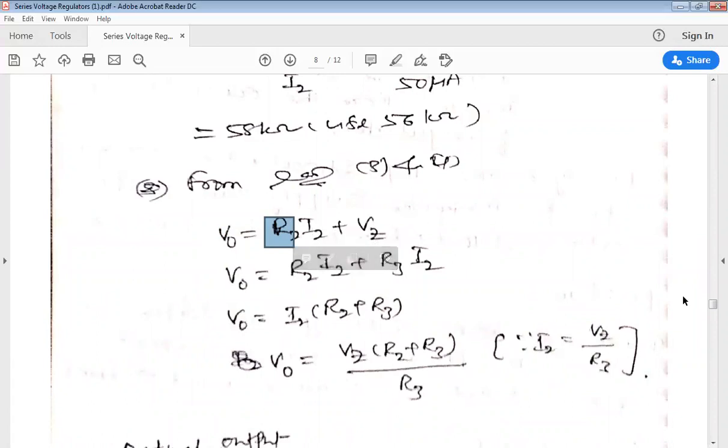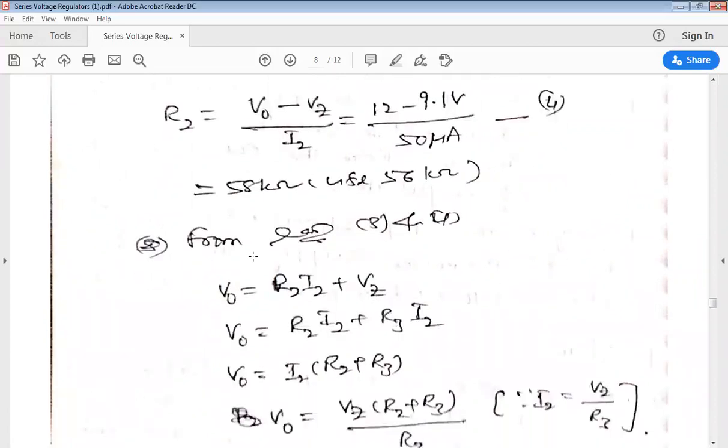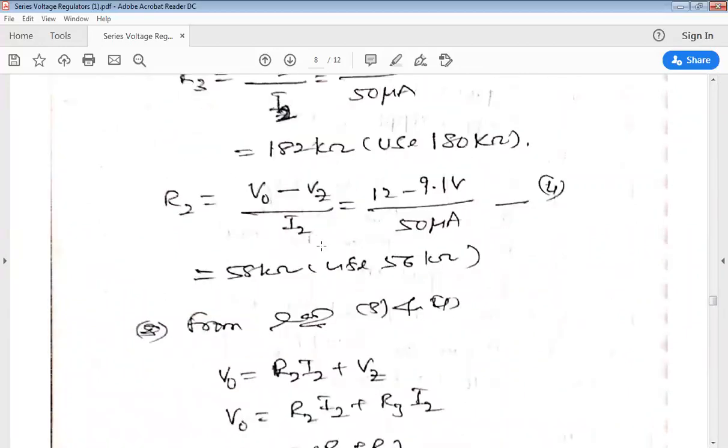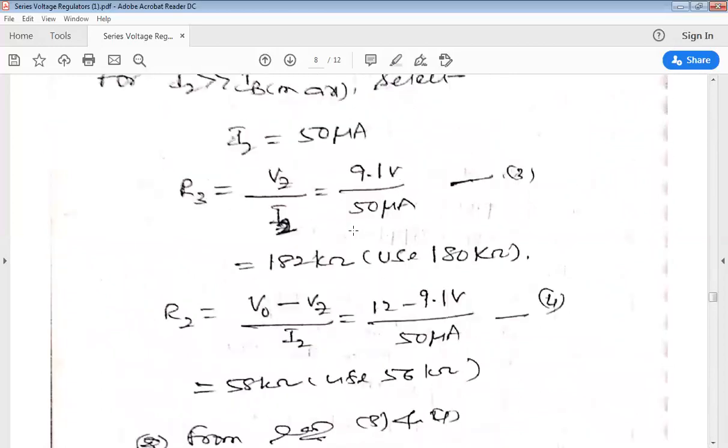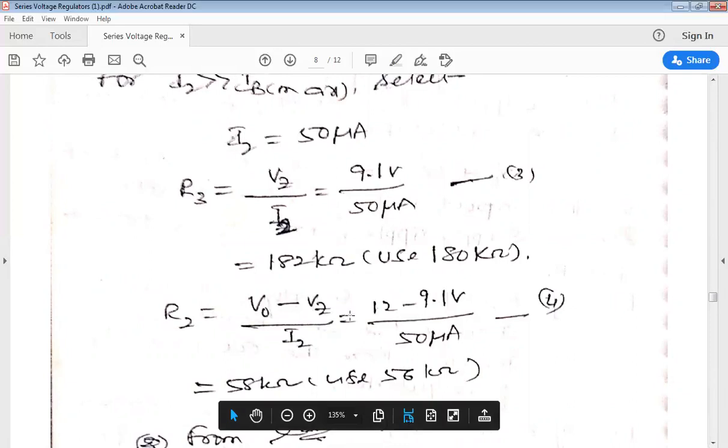Next, from equation 4, I am going to get R2 into I2 plus Vz, that is R2 into I2 plus R3 into I2.